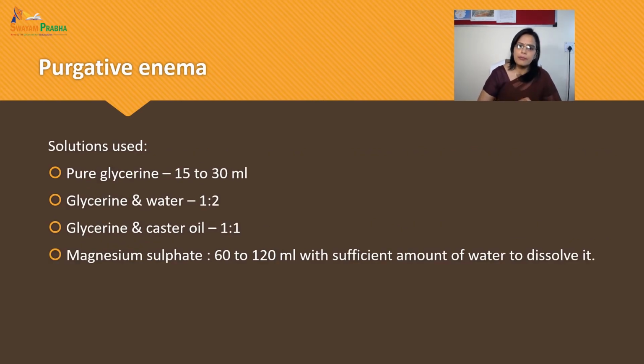The solutions used for purgative enema: pure glycerine, glycerine and water, glycerine and castor oil in 1:1 ratio, and magnesium sulfate 60 to 120 ml with a sufficient amount of water to dissolve it. And magnesium sulfate, glycerine and water in 1:2:3 ratio.